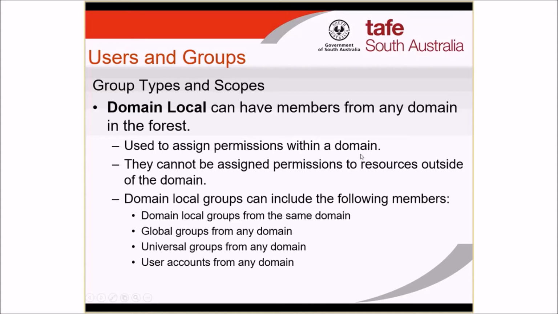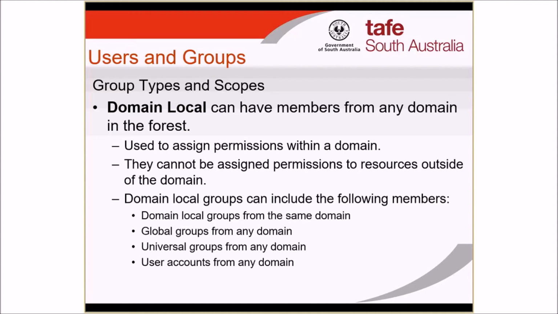Okay, so if I have a folder called student files and it's in my domain, I need to create a domain local group in my domain and give it permissions to this student files that's in my domain. So they cannot be used to assign permissions to resources outside the domain. If you like to think of it, this domain local group does not travel outside of the domain.